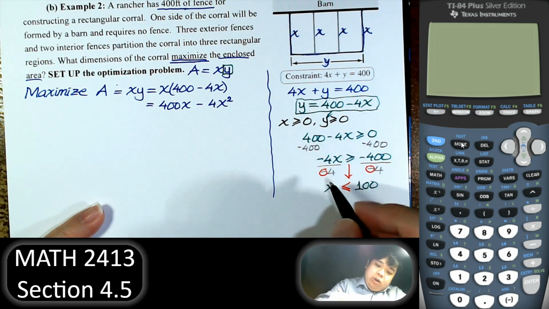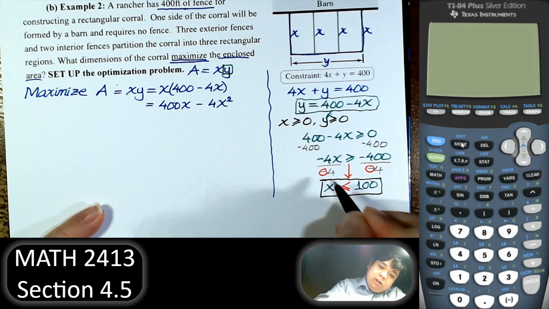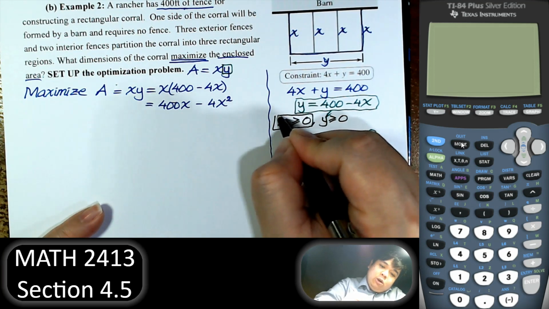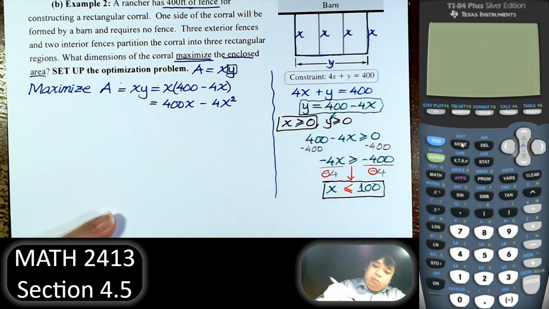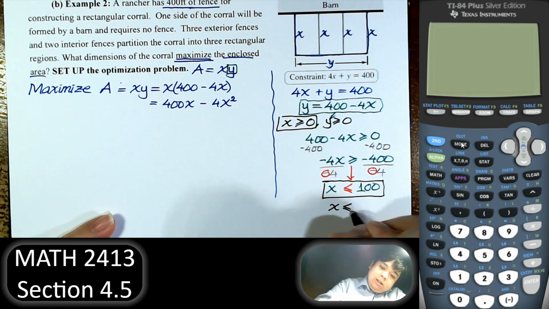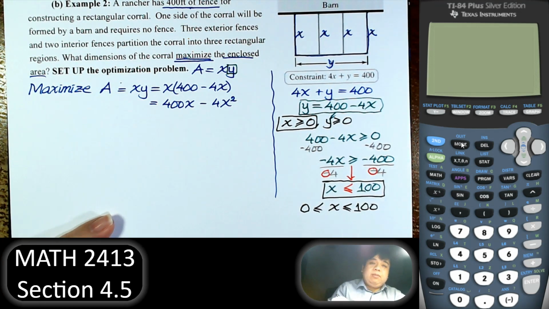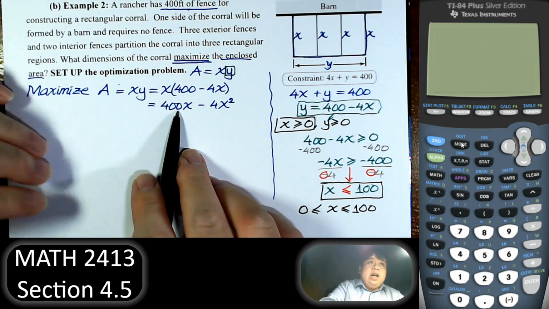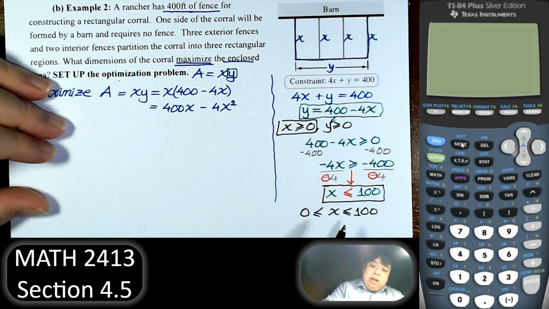Now put them together: x less than or equal to 100 and x greater than or equal to 0. So that is our closed interval. So we have x between 0 and 100.